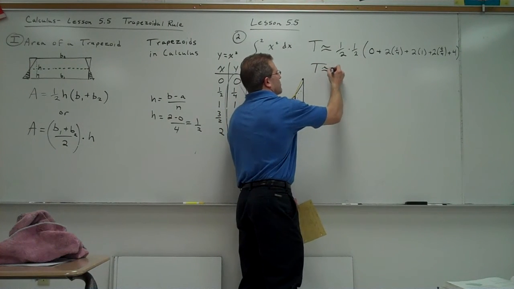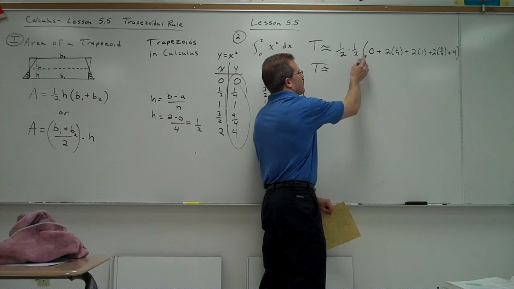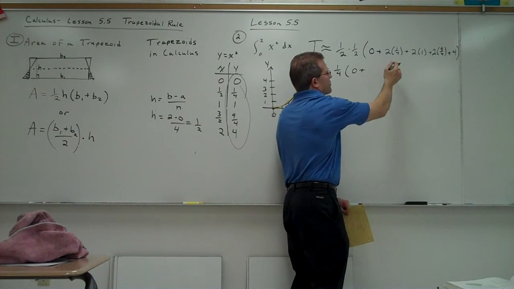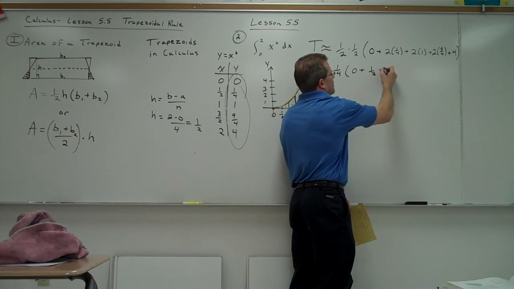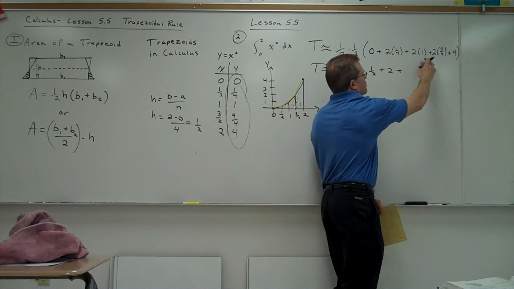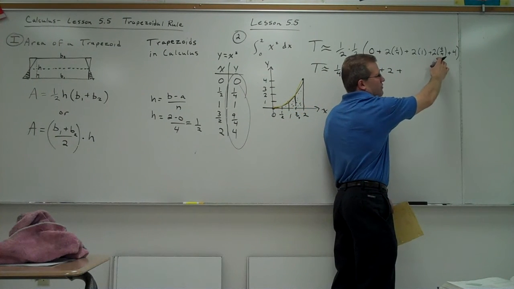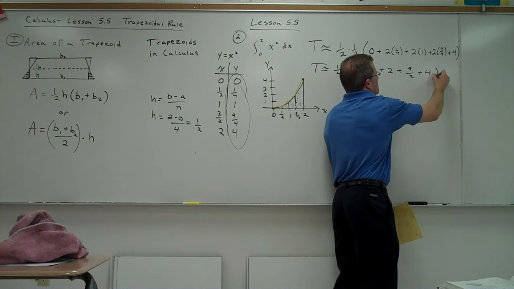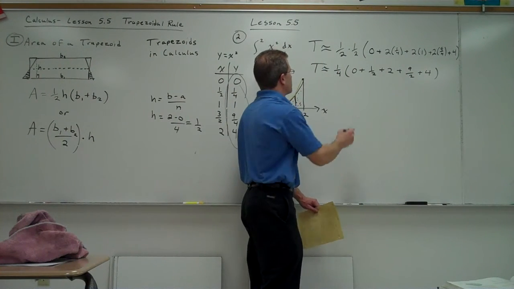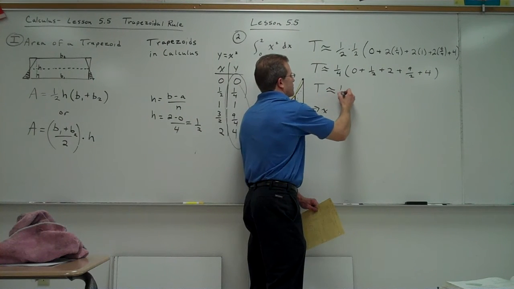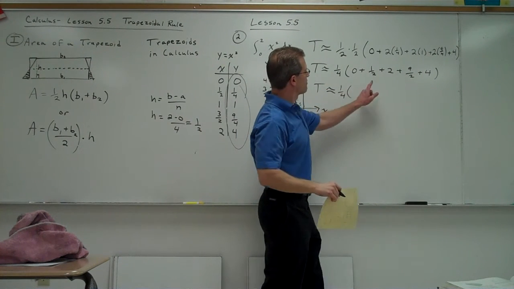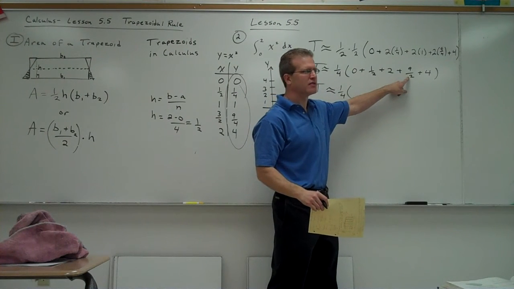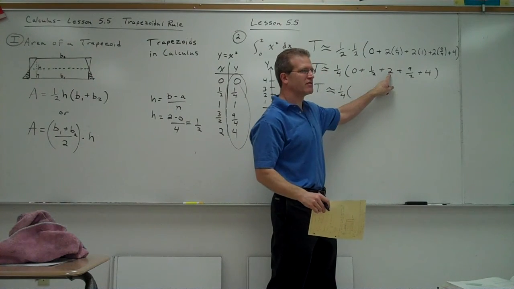Okay, so the trapezoidal approximation is approximately a half of a half, which is a fourth, times 0 plus 2 times a fourth, which is 2/4 or a half. Plus 2. Plus 2 times 9/4, that's 18/4, which reduces to 9 halves. Plus 4. Let's do what's in parentheses first. 1/2 plus 9 halves would be 10 halves. How much is 10 halves? 5. Plus 2 is 7.